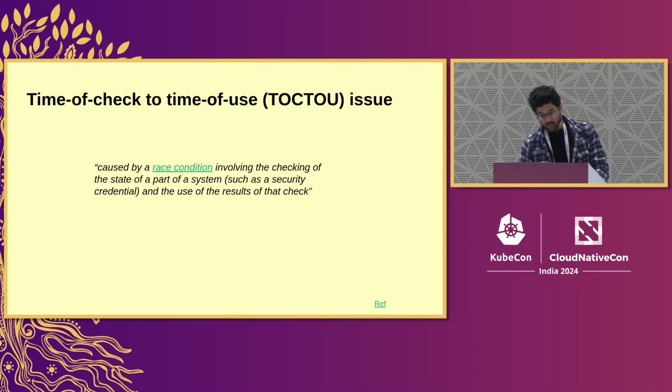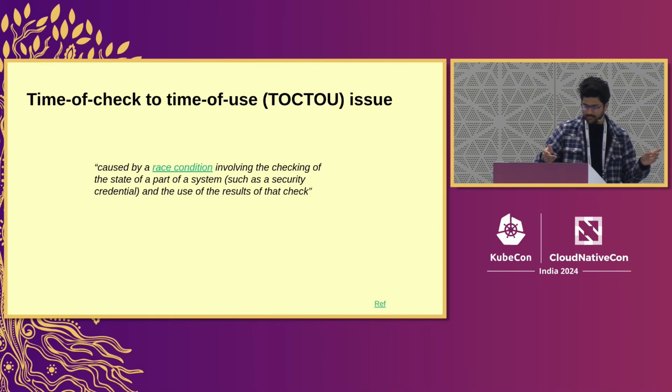Yeah, we talked about TOCTOU issues. These are time-based race conditions, which basically happen when something changes in the code between when the thing is accessed and when it is being used, and this can be utilized by attackers for their malicious intent. For example, you check if this binary is allowed to be used.